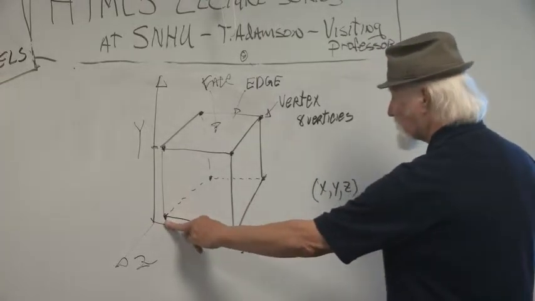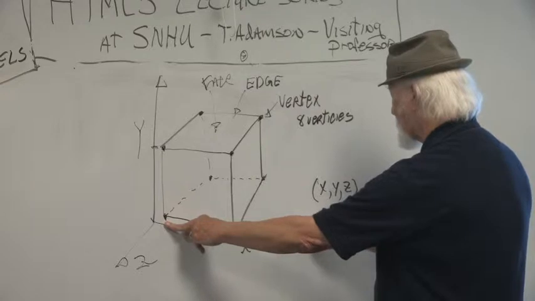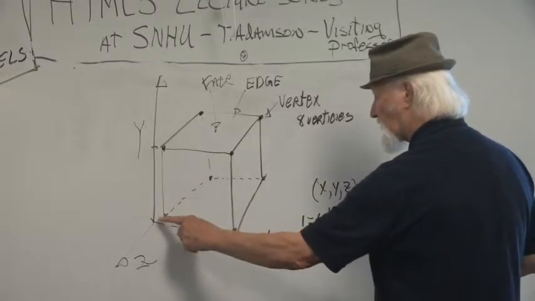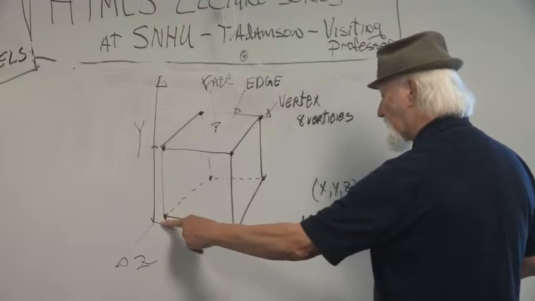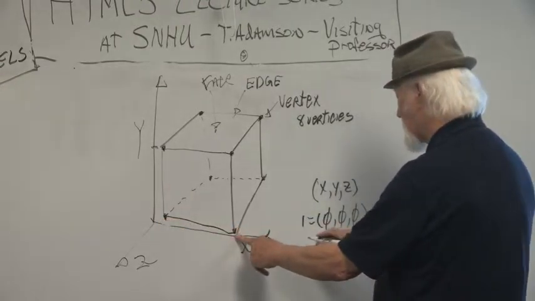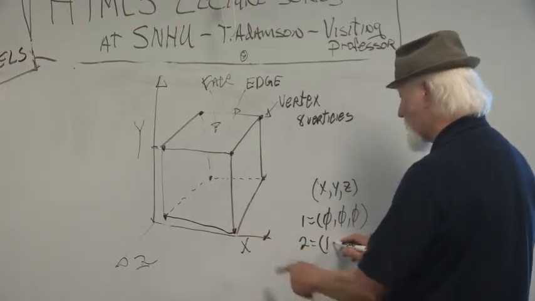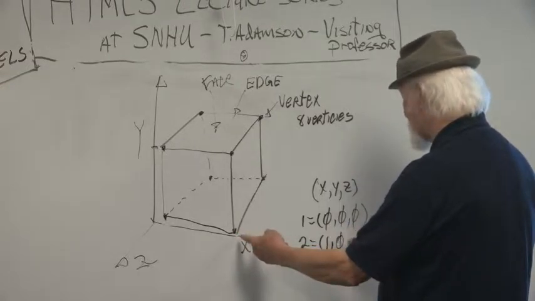So say, okay, the first vertex, number 1, is going to be equal to 0, 0, 0. So the computer knows to draw that vertex right here. The next vertex, let's say this one over here, number 2, is going to be equal to, what is x? That's going to be a 1. What's y? That's going to be a 0. And what's z?